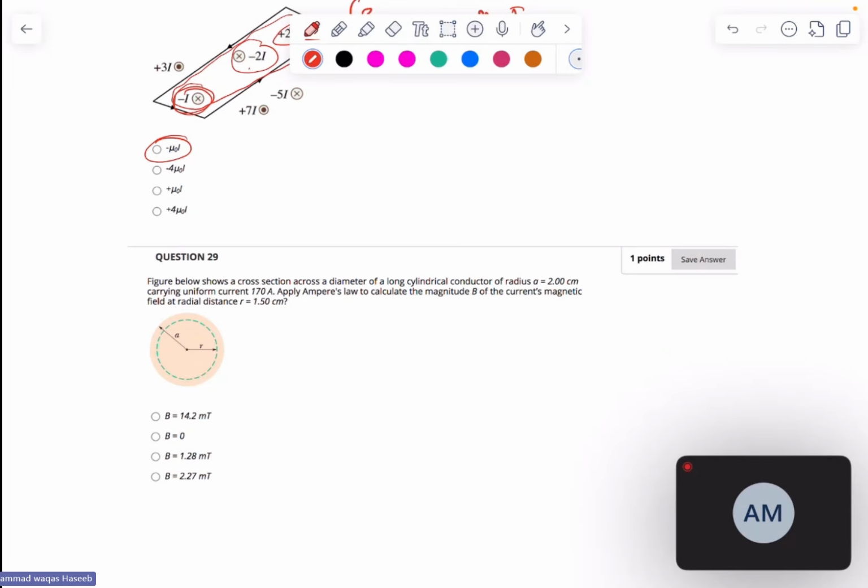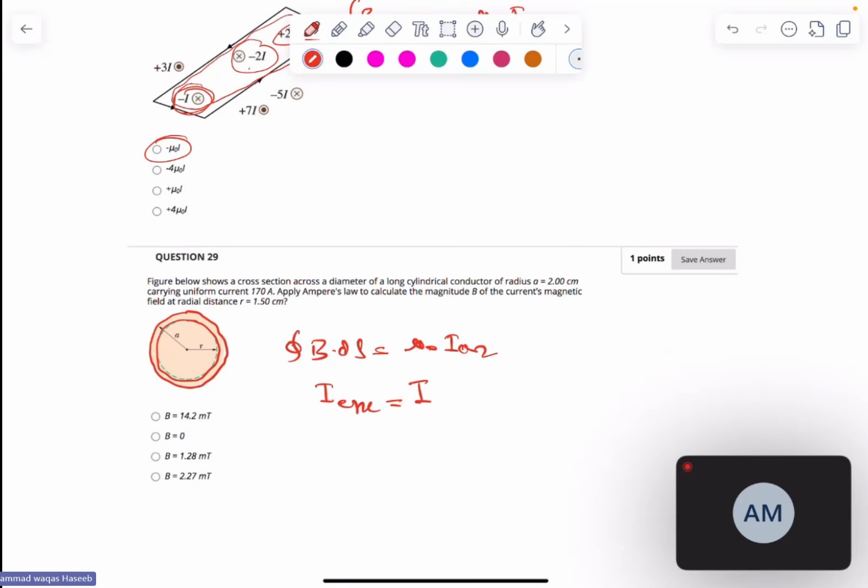Next question is also related to Ampere's law. B dot ds equals mu naught I enclosed. You have two situations: one is to calculate this, and one is to calculate the current for this. The current enclosed will be the current times the ratio of the areas, which is pi r squared over pi a squared, because they have different radii.